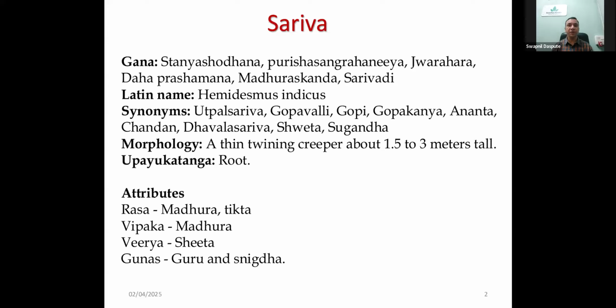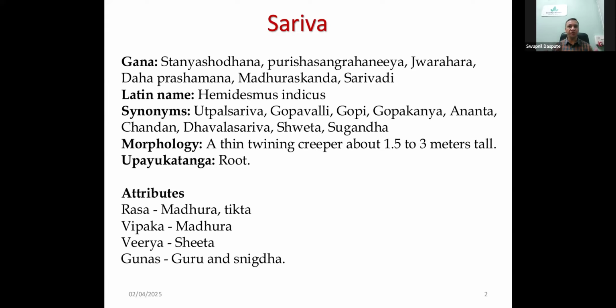So the next herb which we will be learning today is Sariva. Stanya Shodhana Gana. The Ganas, let us see. We've kept a uniform pattern of learning a particular herb. So, as we all know, we start with the Gana.